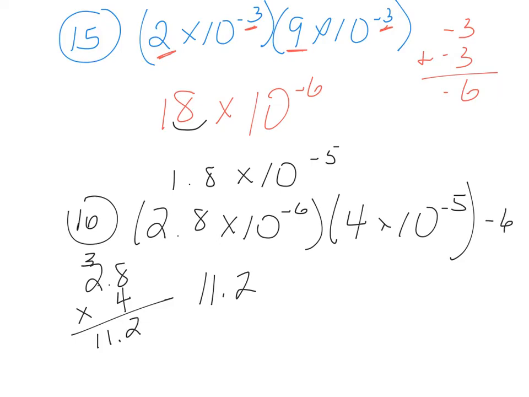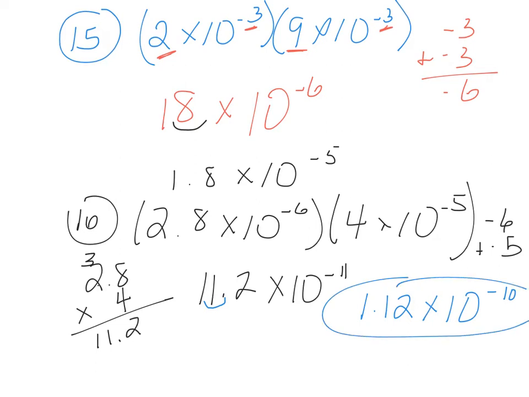So negative 6 plus a negative 5 gives me a negative 11. Let's make sure it's in proper notation. So I'm going to move this over once, 1.12. And since I moved it to the left, I'm going to add 1 to the exponent. So when I add 1 to a negative 11, it makes it a negative 10.